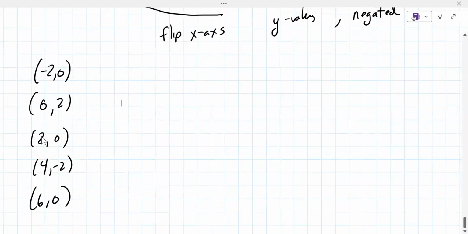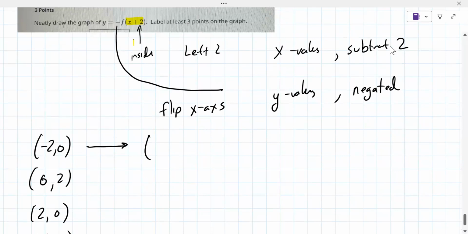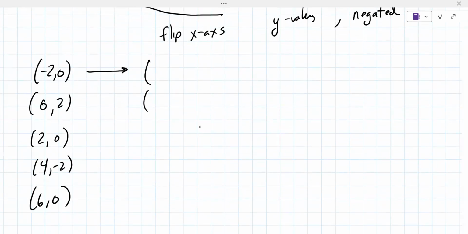So I've got these 5 values here. First thing we're going to do is move the x. We're going to subtract 2 from all the x's. So I'd like you to do that. Someone should subtract 2 from all the x's here and give those to me in this list.